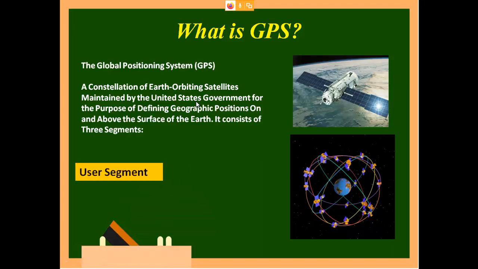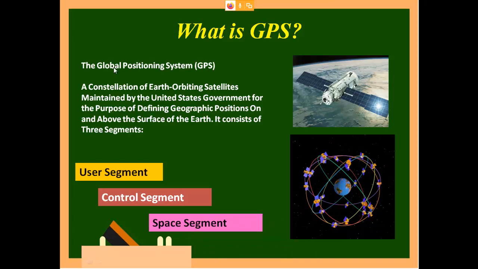There are 3 segments: user segment, control segment, and space segment. User segment is where we use the signal from GPS. GPS will send the signal of longitude and latitude. So if you are in a thick forest, you cannot find the route easily. What we will do is take a handheld GPS system.